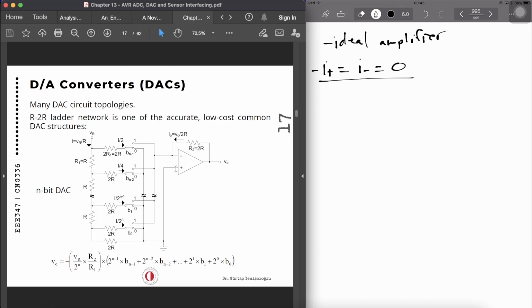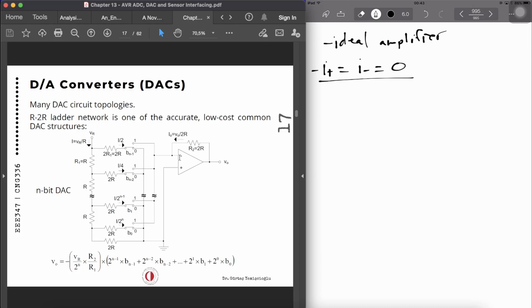Now, what are the other properties for negative feedback? So for example, when we talk about the negative feedback ideal amplifier, what is the relationship between the plus input voltage and the minus input voltage? This is one thing that we need to make sure that we understand.